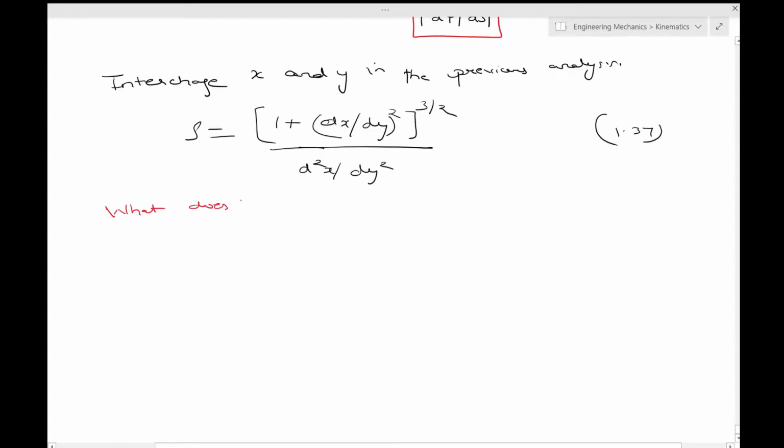What does it physically mean to interchange x and y? You should think about it, that in a situation when this is interchanged, what does it physically mean? Okay, if the path is like this, what would be the path over there, and so on. Okay, so with this I think we can give an end to this topic.